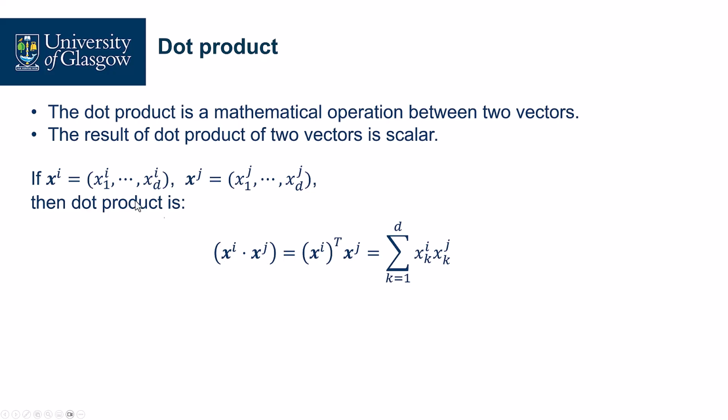So this is x1i multiplied by x1j plus x2i multiplied by x2j, until the end. Written in a mathematical way, it's like this. Let me give you an example: if (2, 3) dot product (4, 1), we multiply the first two, and the other two, then we sum them together, and we get the result, right?